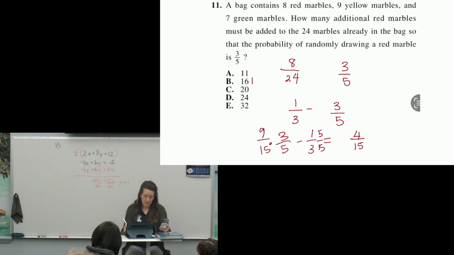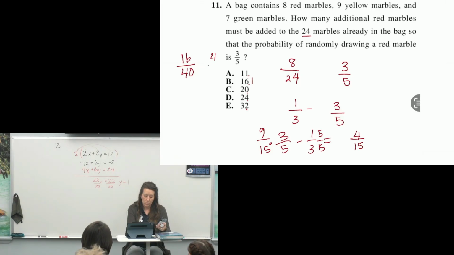Yep, and it is actually 16. Okay, so if we had 16 out of, oh, because we'd be adding another 16 there too. So 24 plus 16 would be out of 40. You could go through each one of these and see which one makes sense. This one, if you divide by 4, would be 4 tenths, which is the same as 2 fifths.